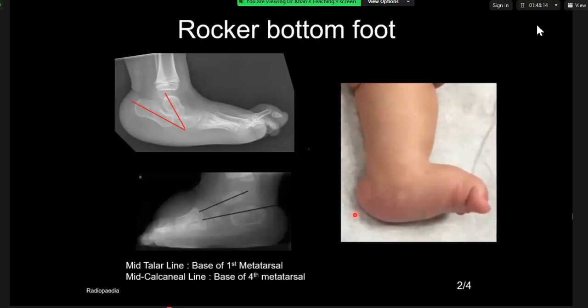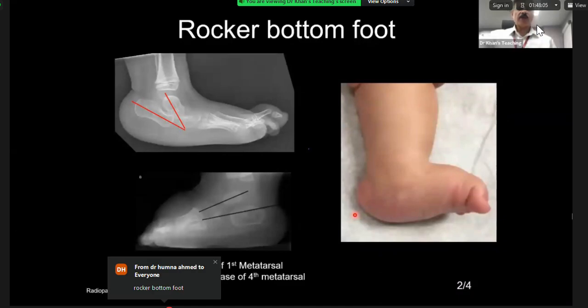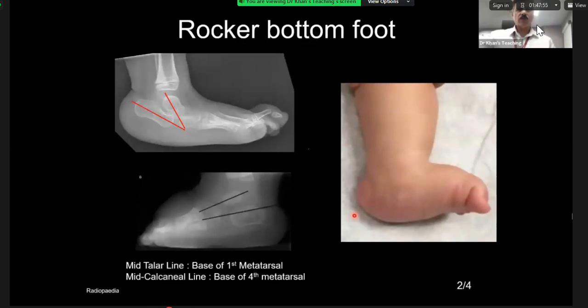The configuration which you are talking about is a vertical talus. And interestingly, as I've told you, these are the type of cases which have come in the exam, and only about 2 exams ago somebody got it. I never used to teach rocker bottom foot to my students because I thought that this is too specialized. But it was asked in the exam.